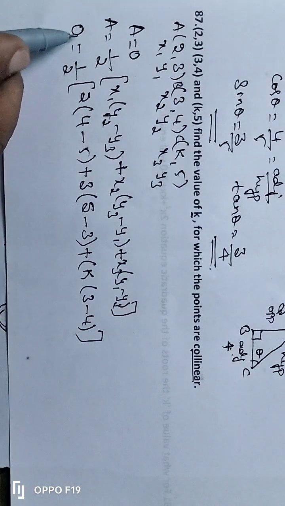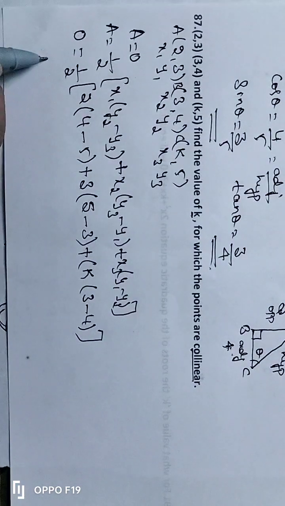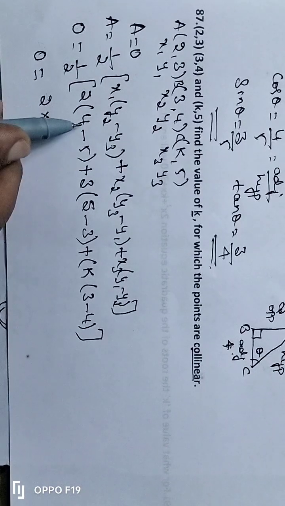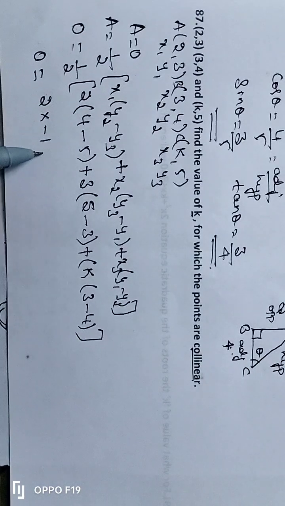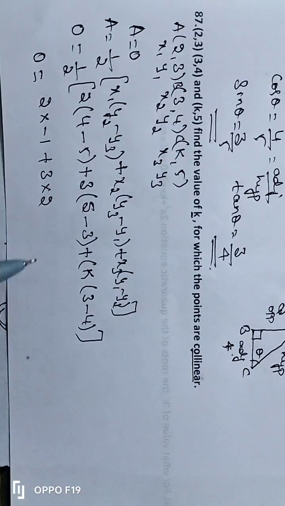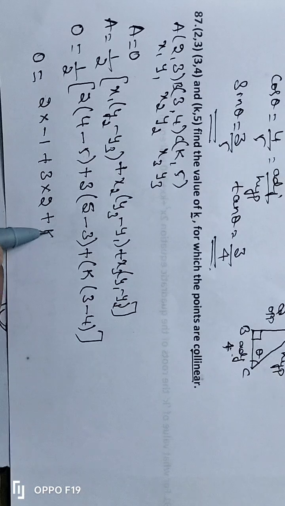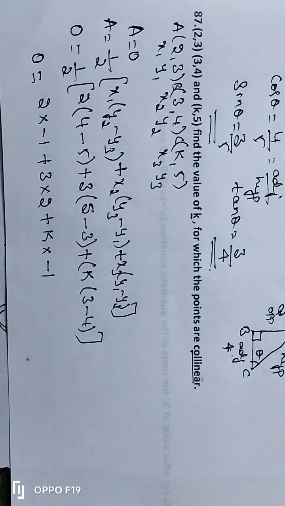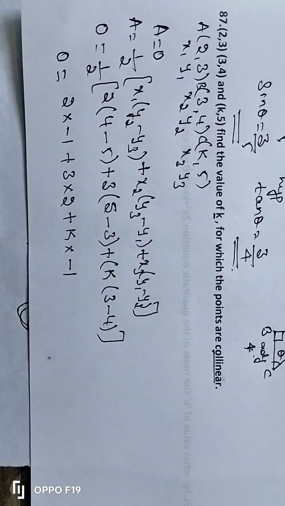If I multiply 2 here, 0 into 2 becomes 0. So 0 is equal to 2 into (4 minus 5), which is minus 1, plus 3 into (5 minus 3), which is 2, plus k into (3 minus 4), which is minus 1. Now let us go to the next step.